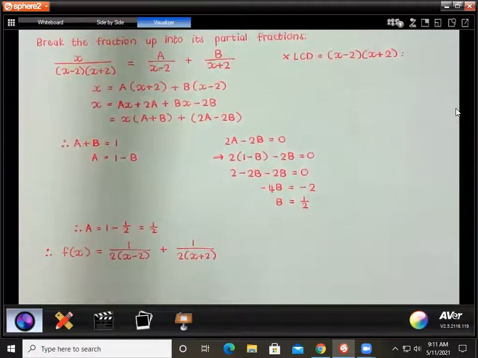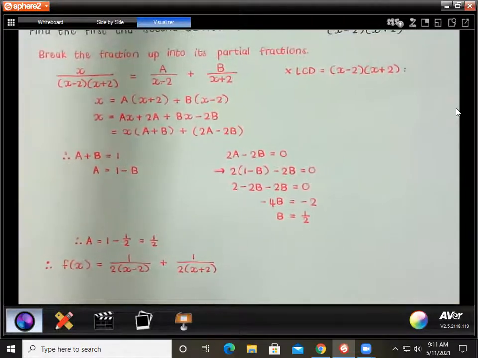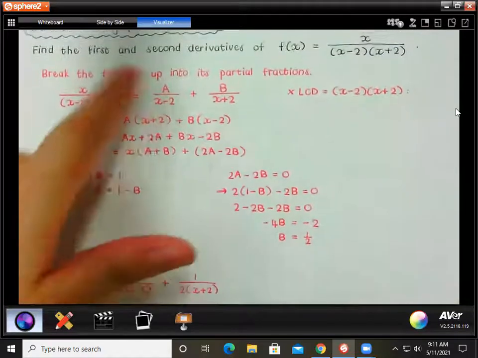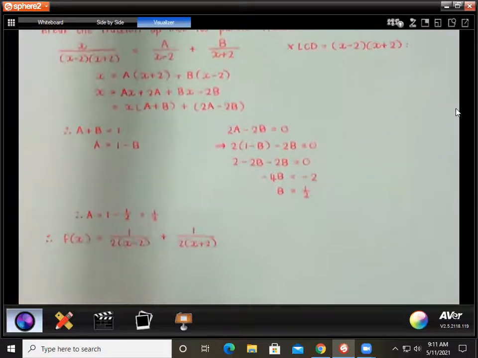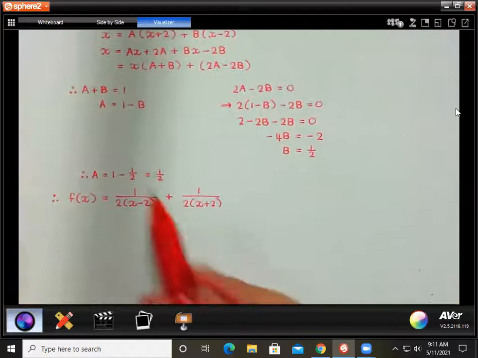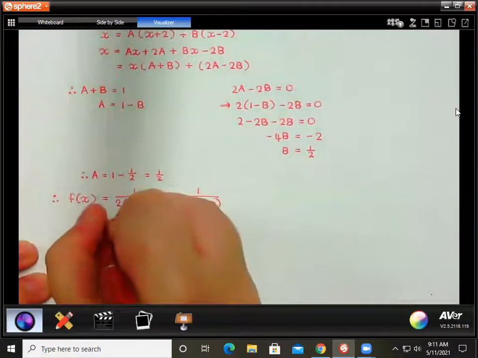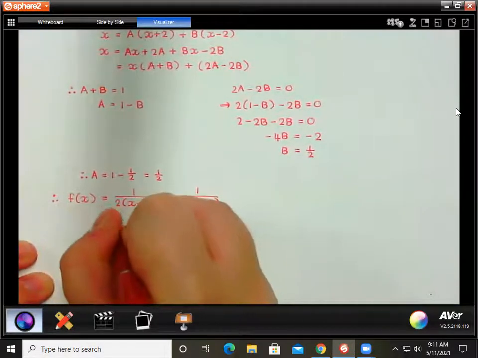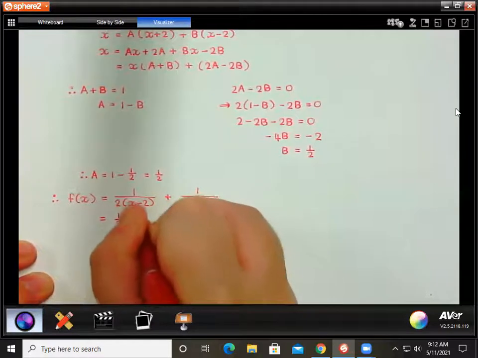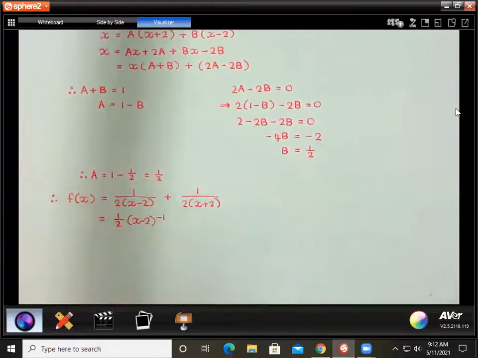Remember, guys, what was the purpose of this question actually? Not to just work with partial fractions, but to find the first and second derivatives of this function. All right, now here, I can rewrite this as a half x minus 2 to the negative 1. Then it's quite easy to find the derivative of that, right?